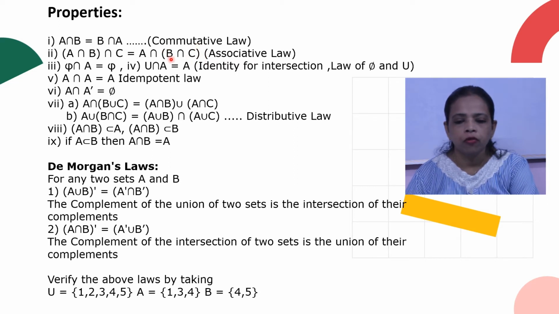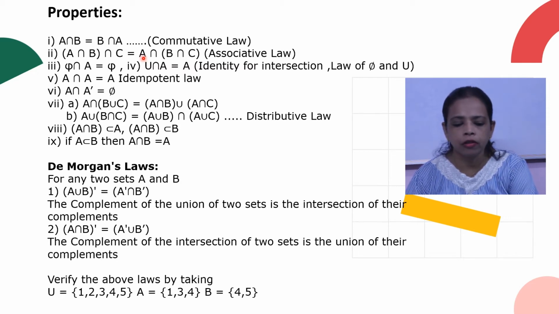So it means we first do the operation A intersection B, then whatever result we get, we do the next operation, intersection with C. Again, on the right hand side, we first do B intersection C, then we do intersection with set A. So in both cases we get the same result.